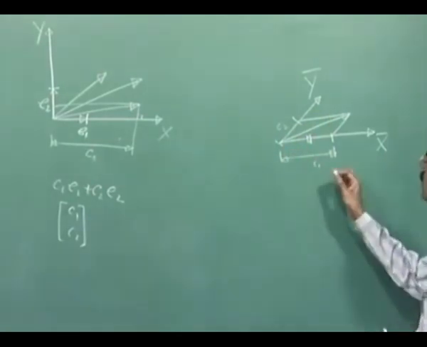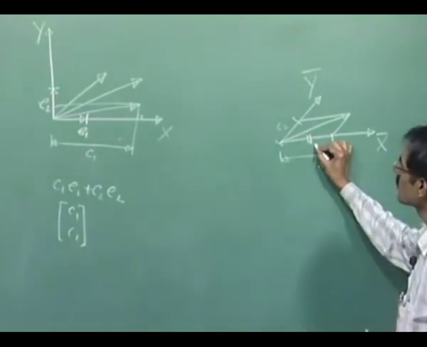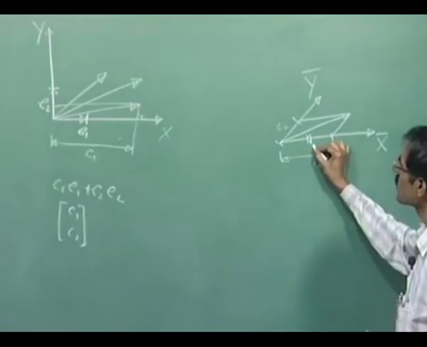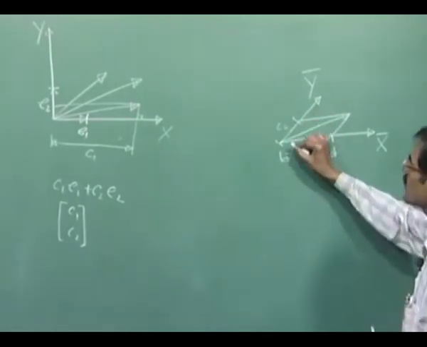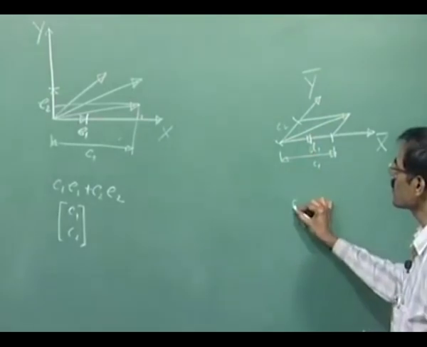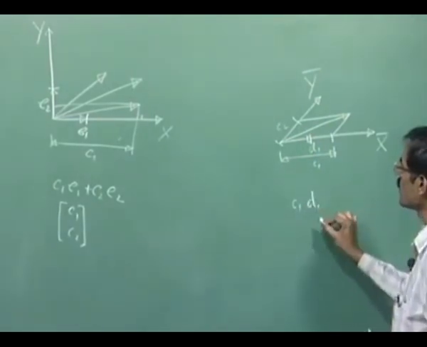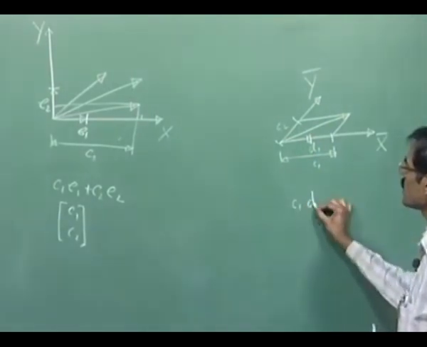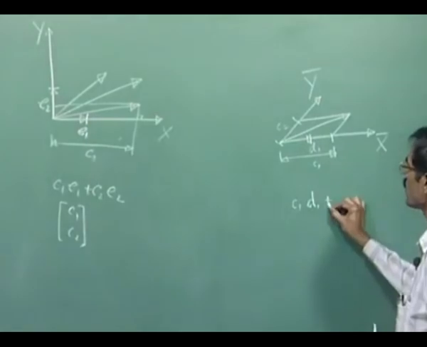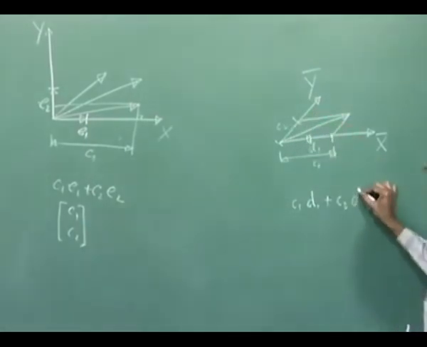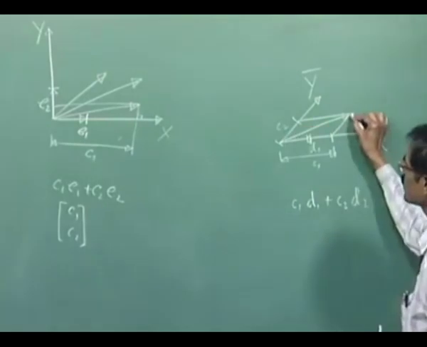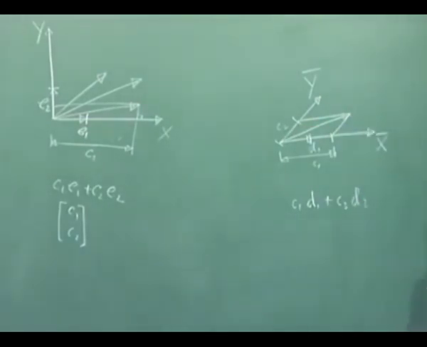Suppose this unit vector is taken as d1, and this basis member is taken as d2, then you could still say C1 scalar into d1 basis vector plus C2 scalar into d2 basis vector will still give the representation like this, which should be enough.